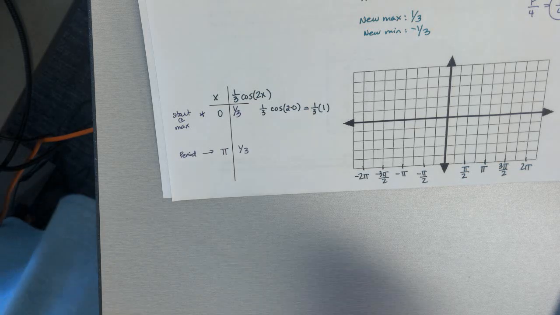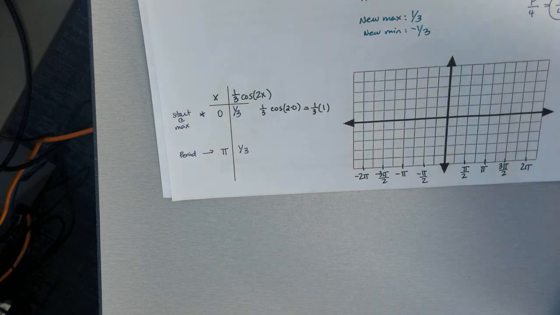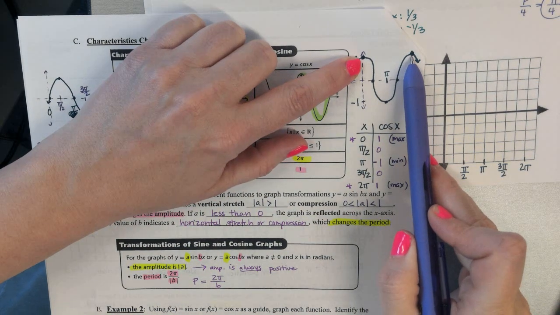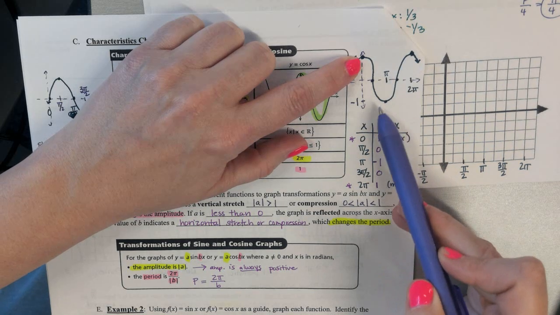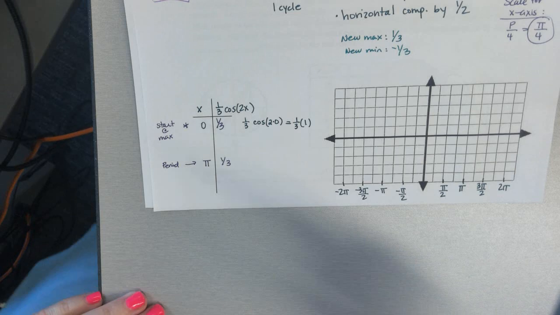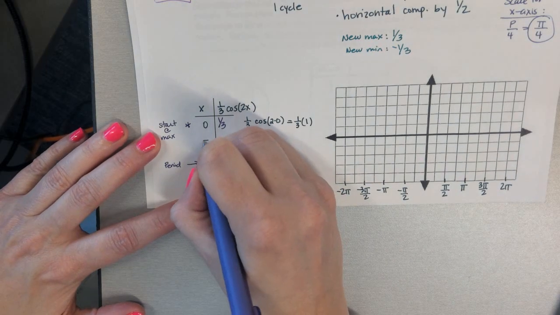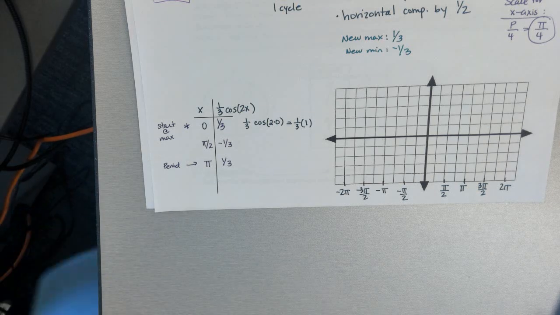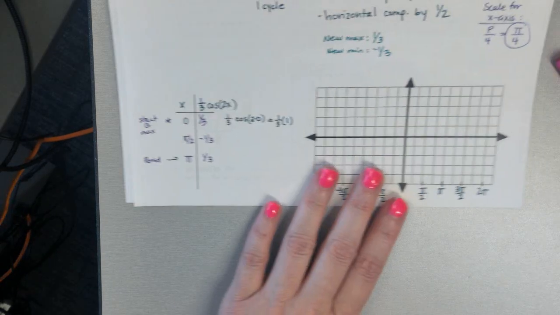Now for the cosine, halfway in between the two maximums, where am I? The minimum. So what's halfway in between 0 and pi? Pi over 2. So that's where I should reach my minimum. Okay? So let's graph that part.